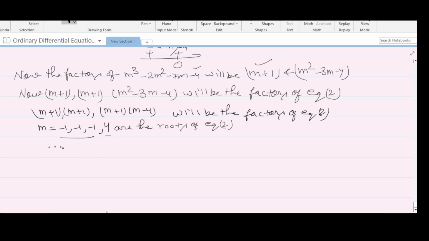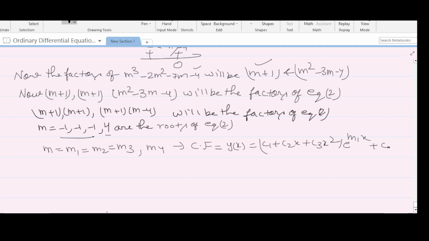So when the values of m are m1 equal to m2 equal to m3, right, and the another one m4 is distinct, then the complementary function can be written as y(x) equal to (c1 plus c2x plus c3x square) e to the power m1x plus c4 e to the power m4x. This will be the final complementary function.